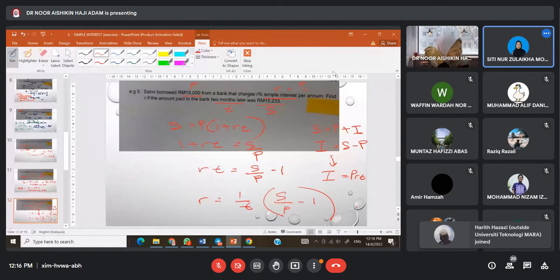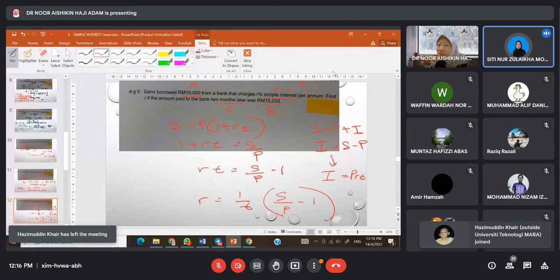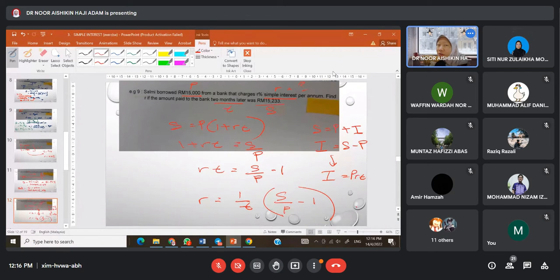Jawapan last dia tadi apa? Dia dapat apa? Saya rasa saya salah sebab salah tekan kalkulator. Dia dapat apa sekarang? 943.1.